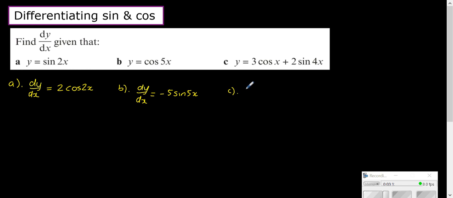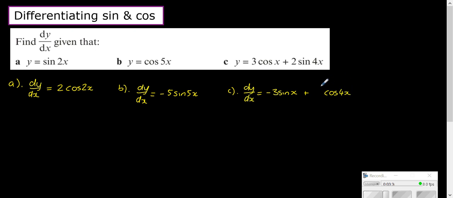Part C, we're just being asked to do a slightly more interesting function. So we've got 3 cos x. Well, cos x differentiates to minus sine x. So we end up with minus 3 sine x. Okay, the 3 stays. And then we've got 2 times sine 4x. Well, sine differentiates to cos.